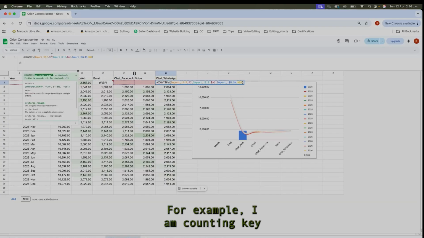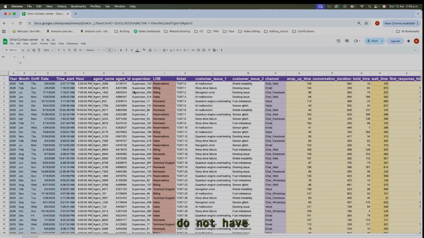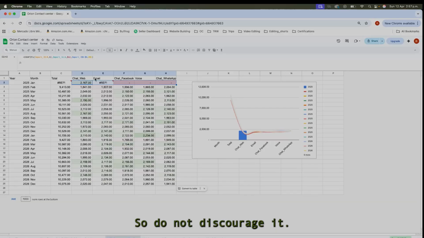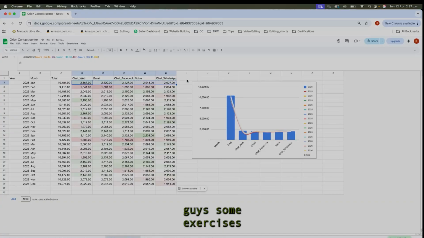For example, I am counting here column F, but column F does not have the identifier that I am looking for, that is the month. So that's something that you have to keep in mind, and this takes practice to understand how that works. So do not get discouraged. It takes some time. I'm going to leave you guys some exercises so you can understand how this works.